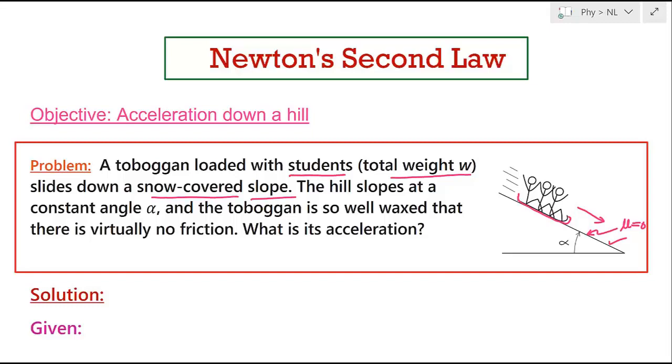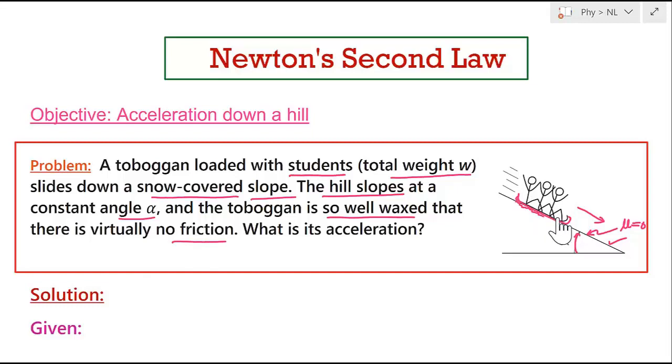The question further says, the hill slopes at a constant angle alpha. So the angle of inclination of this hill is given and this is alpha. And the toboggan is so well waxed that there is virtually no friction. So there is some waxing also on this toboggan.